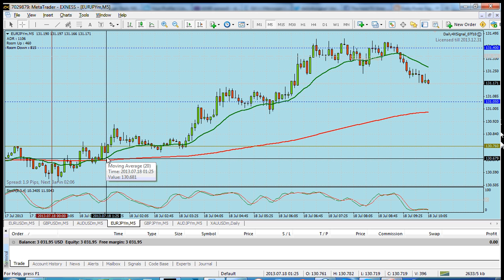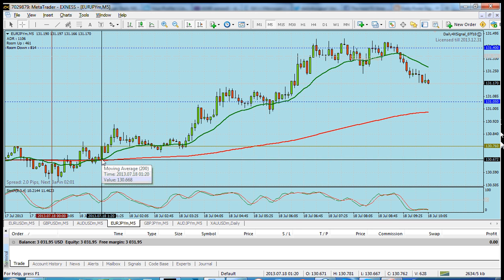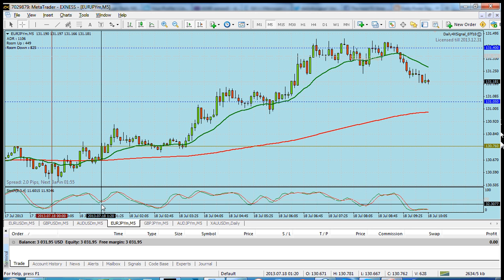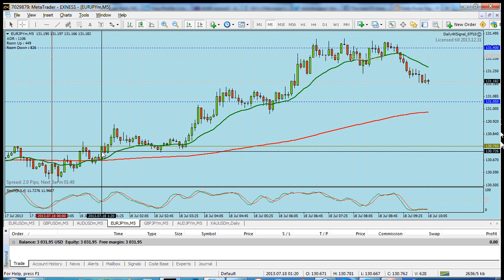It is above the 20 SMA. The 20 SMA is above the 200 SMA at this point. You see that? It is above the 200 SMA, as well as the stochastic is below the 50 and turned around, with the green stochastic line above the red. So this candle is called our qualifying candle.